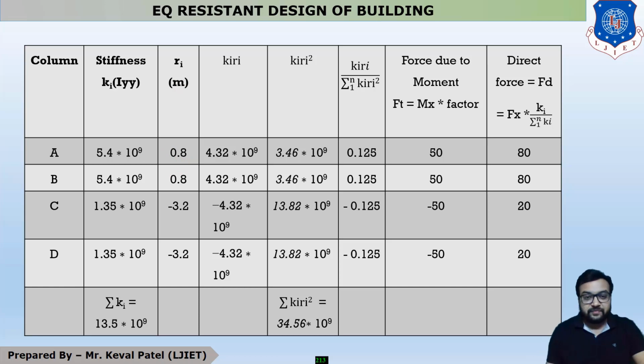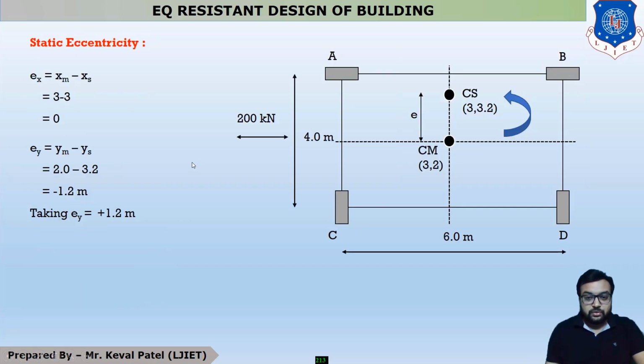How does this value come? This is your center of stiffness in y direction. This line is our 3.2 meter line. From origin this distance is 4 meter, but from the center of stiffness the distance is plus 0.8 meter.